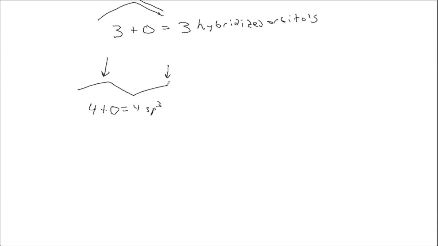What's the hybridization of this carbon? sp3. Good. How many attached atoms? 4, 1 carbon and 3 hidden hydrogens. And how many lone pairs? None. 4 hybridized orbitals means sp3. Good.